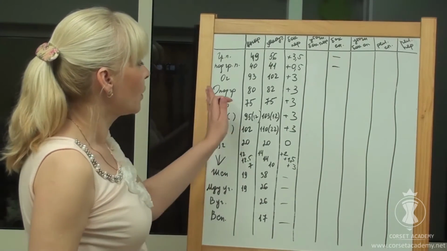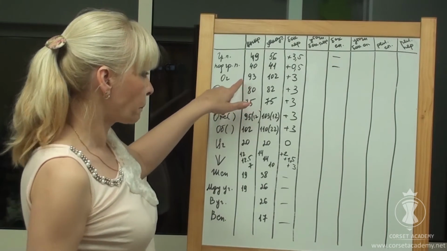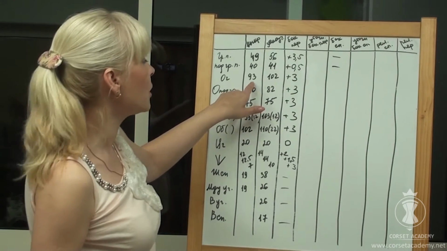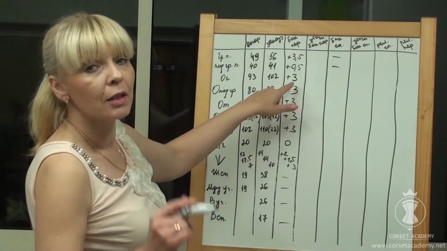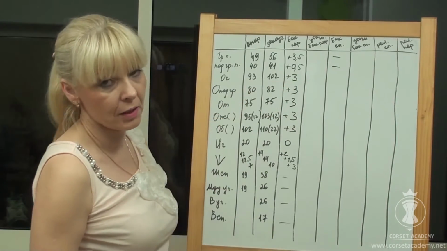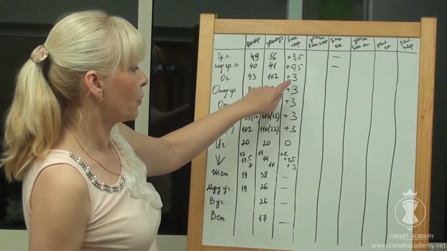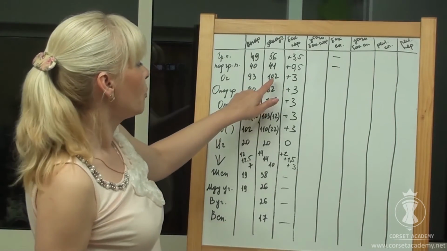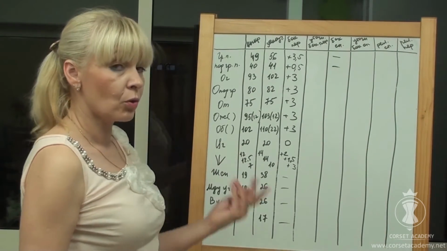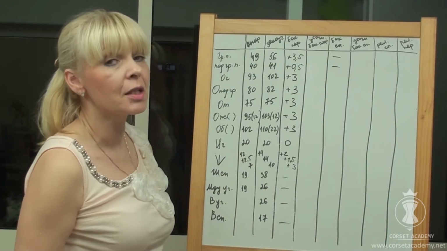Bust circumference, 102 centimeters on the client and 93 centimeters on the pattern. However, I have already expanded the pattern by 3 centimeters from each side, a total of 6 centimeters. 93 centimeters plus 6 centimeters equals 99 centimeters. 102 centimeters minus 99 centimeters equals 3 centimeters.